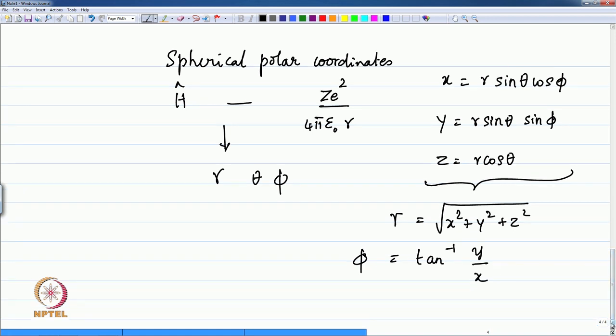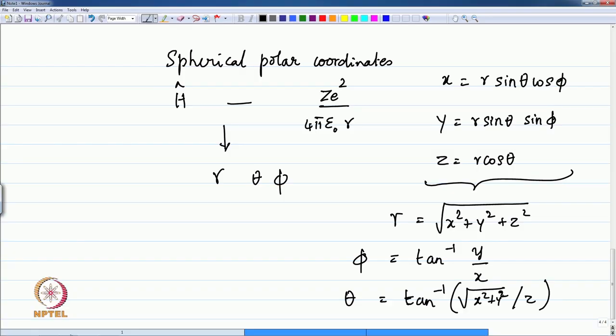The last relation is theta, which is given as tan inverse of square root of x square plus y square divided by z.